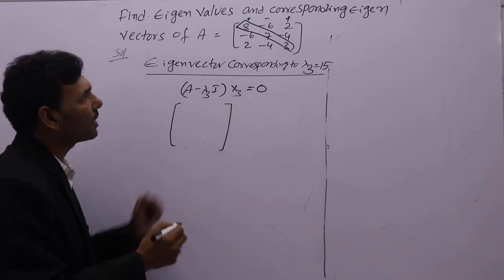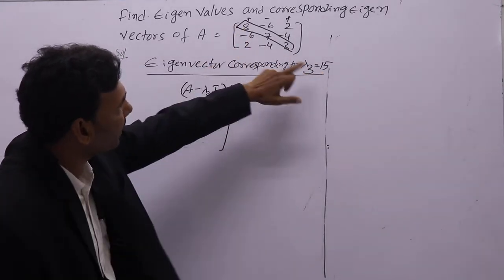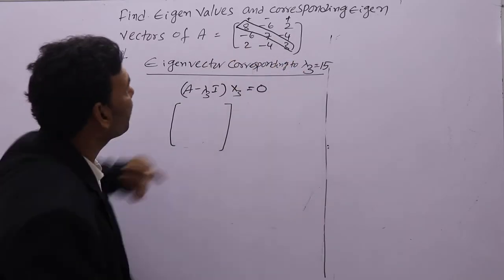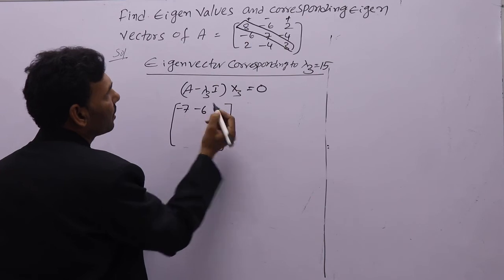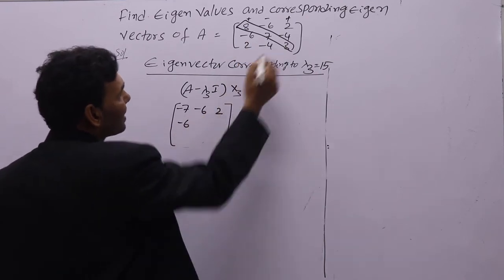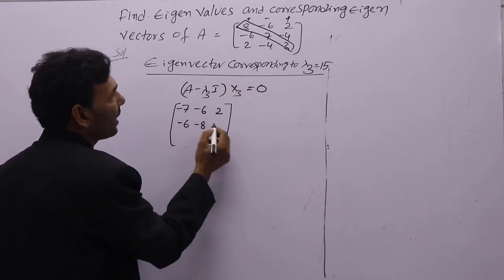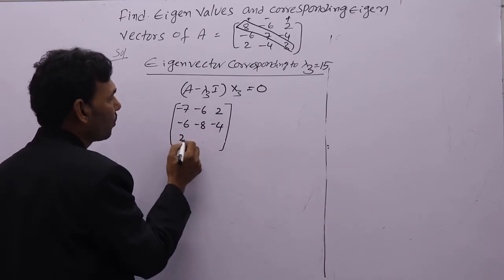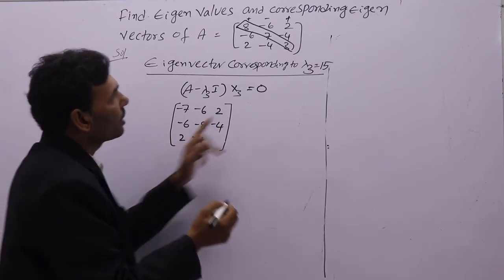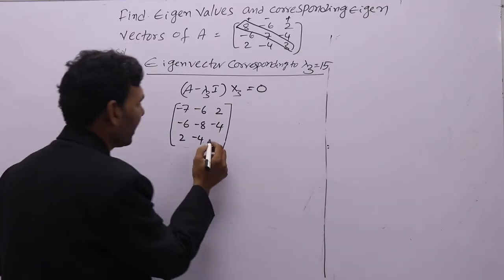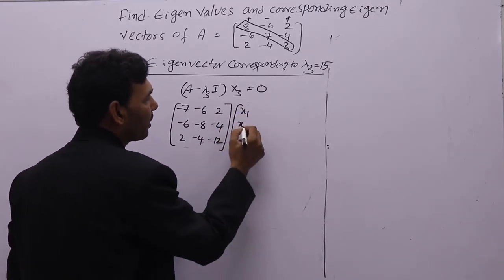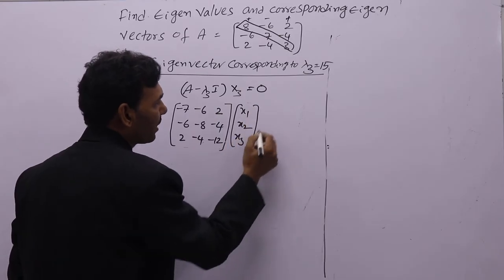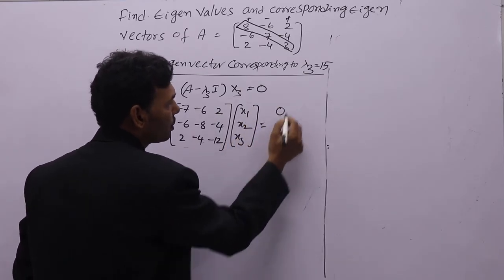Subtract 15 from the diagonal. 8 minus 15 is minus 7, minus 6, 2; minus 6, 7 minus 15 is minus 8, minus 4; 2, minus 4, 3 minus 15 is minus 12. Now x1, x2, x3, and RHS 0, 0, 0.